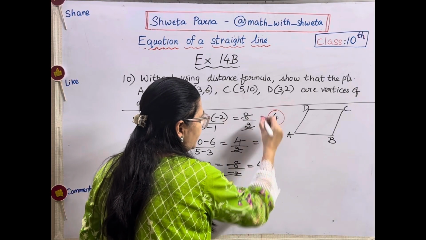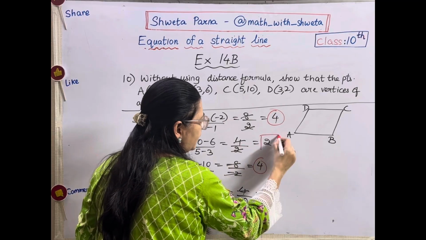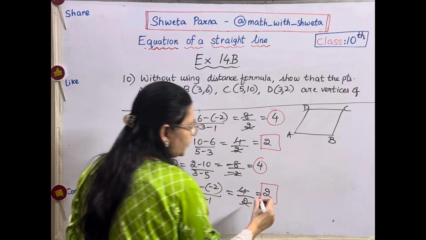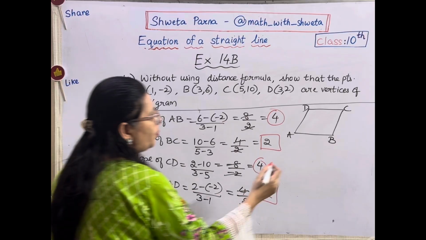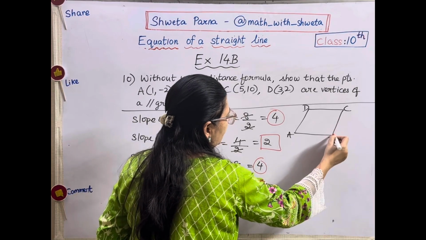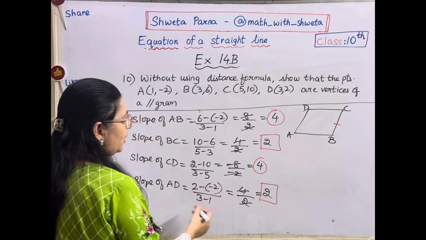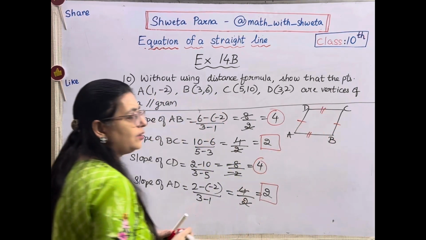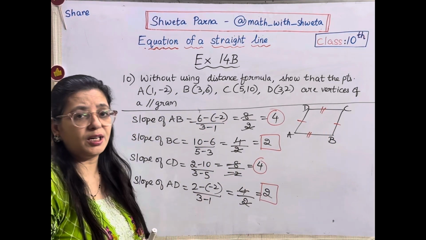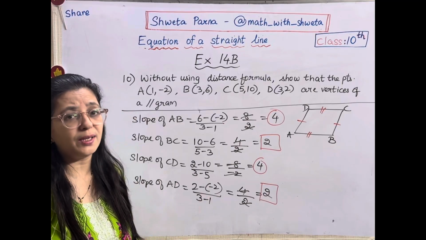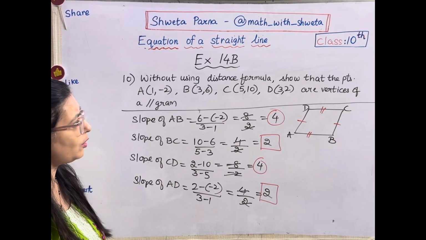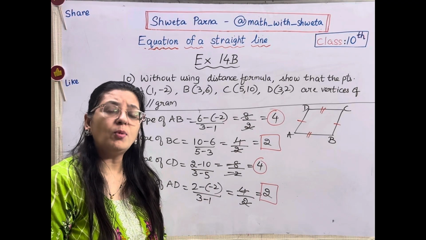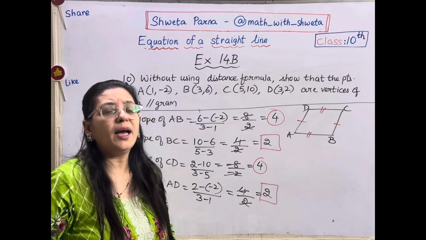Now check. These two slopes are equal and these two slopes are equal, right? That means slope of BC is equal to slope of AD and slope of AB is equal to slope of CD. So if the opposite slopes are equal, that means it is a parallelogram, because in a parallelogram opposite sides are equal and parallel.